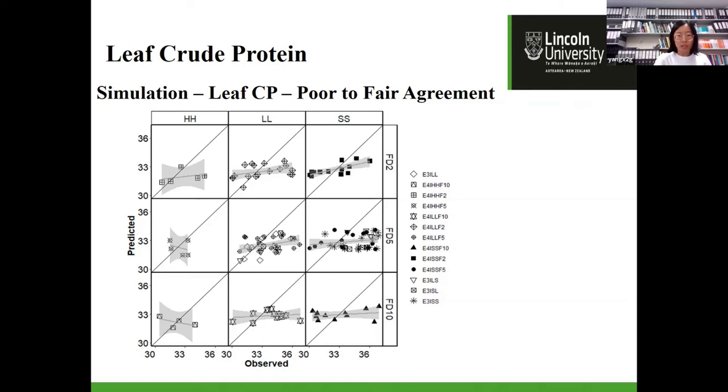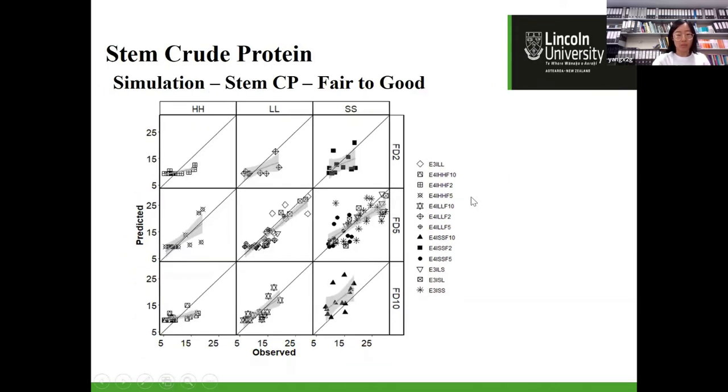Cool. So the stem crude protein is the same story as stem nitrogen. All the treatments showed fair to good prediction. Again, it's the 84 days, 42 and 28 days cutting, with FD 2, 5, 10 for dormancy cultivars.